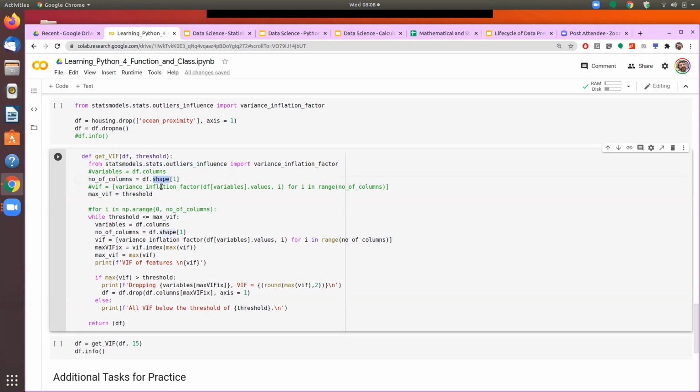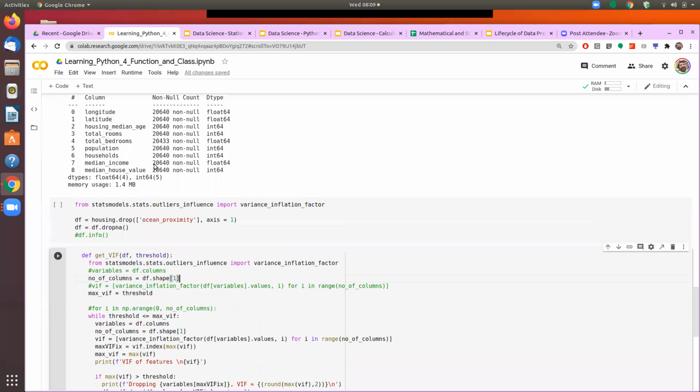This number of columns I can find out from the shape of the data frame. Shape has two different values. The first one is the number of rows, the second one is the number of columns. So if I give the index of 1, it will give me the number of columns, which is the second data element in the shape.